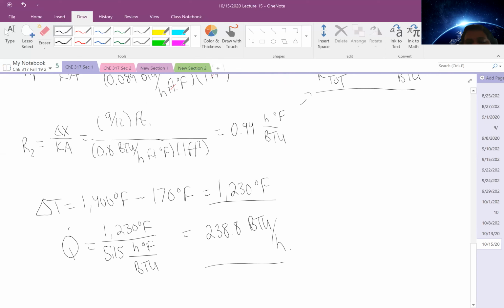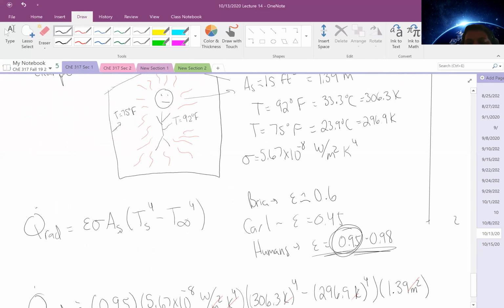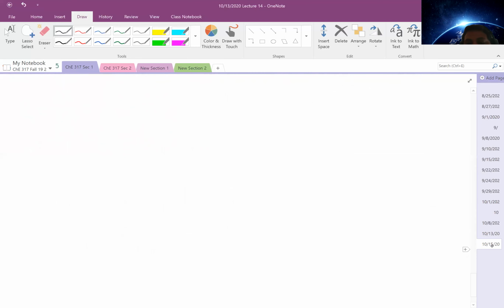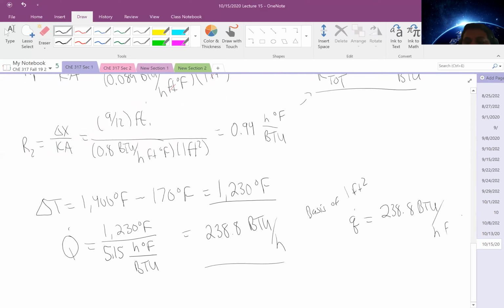Or since the basis was 1 square foot, this is technically per foot squared.